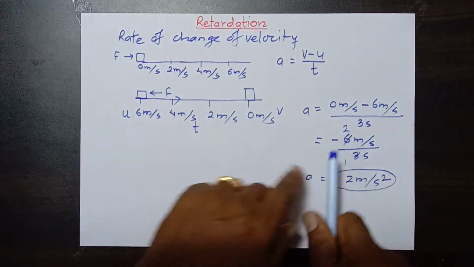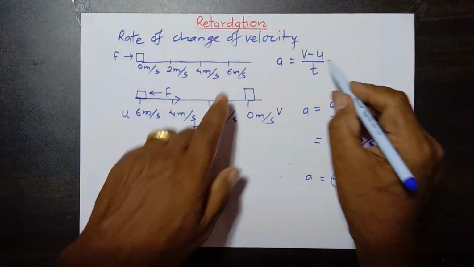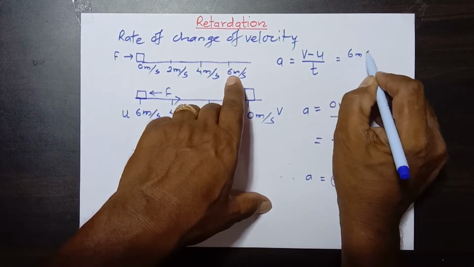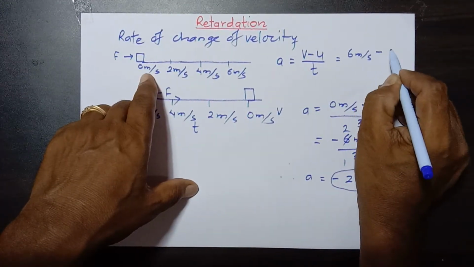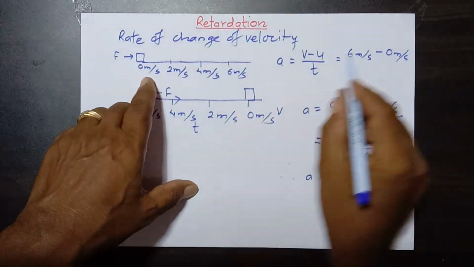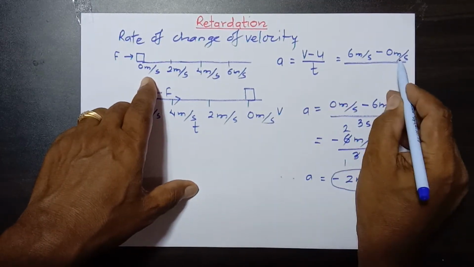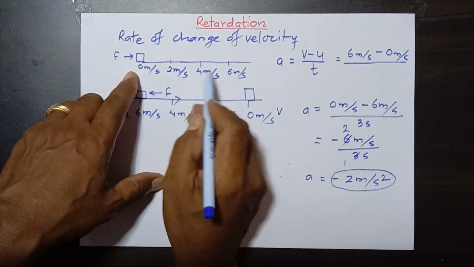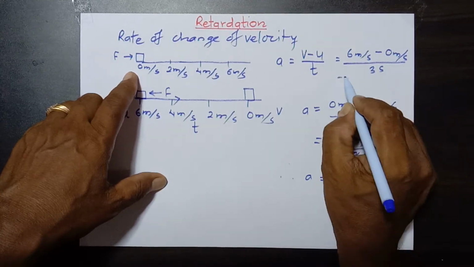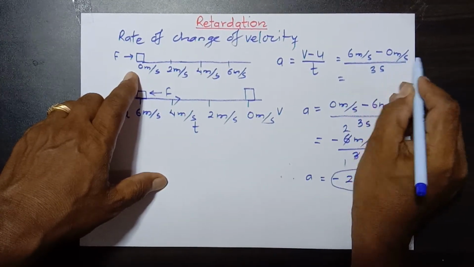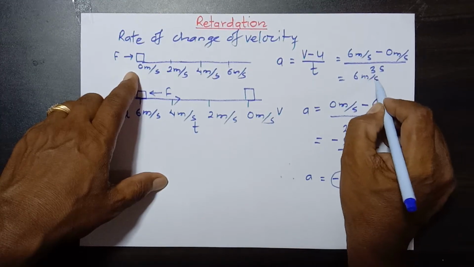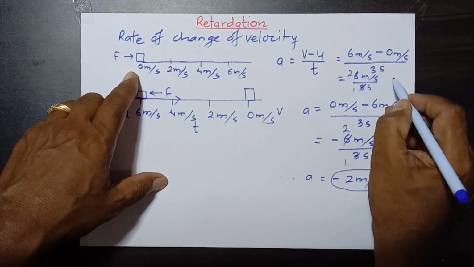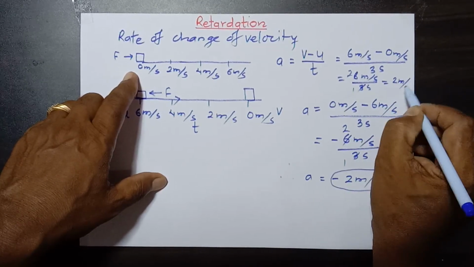Acceleration may be positive, as in this case. For example, the final velocity is 6 meter per second and the initial is 0 meter per second, and the time taken to go from 0 to 6 meter per second is 1, 2, 3 seconds, so 3 seconds. So a equals 6 meter per second minus 0 meter per second, which is 6 meter per second, divided by 3 second, and this is equal to 2 meter per second square.